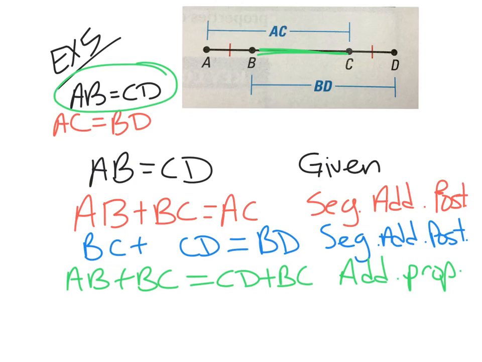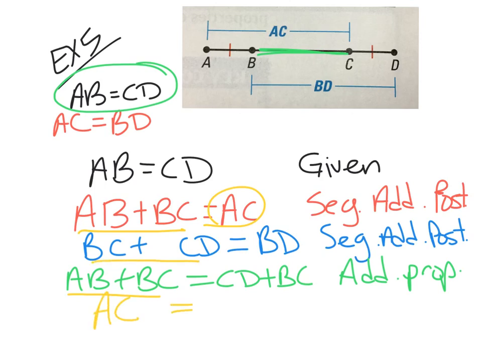What's the last thing we can do? We're trying to get AC equals BD. Well, let's look here. So we have this little phrase is the same as this one, right? So I can put this instead and say AC.